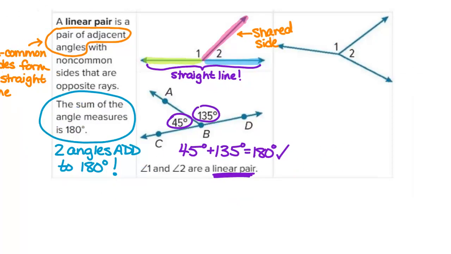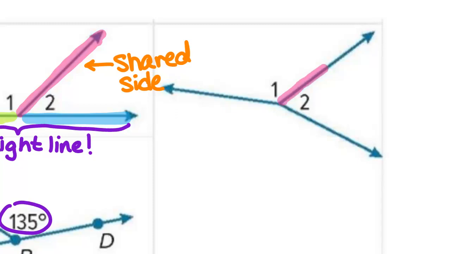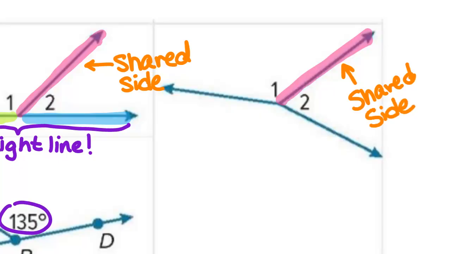If you look at the non-example side, we have a shared side here. So they are adjacent. But their non-common sides, here on angle 1 and here on angle 2, do not form a straight line. When I trace along those with my pencil, there's a bend or a curve.